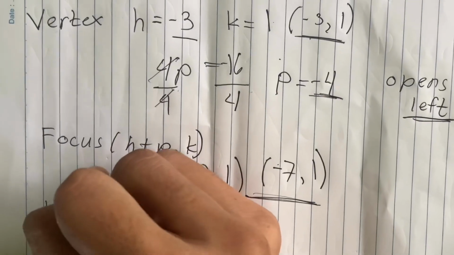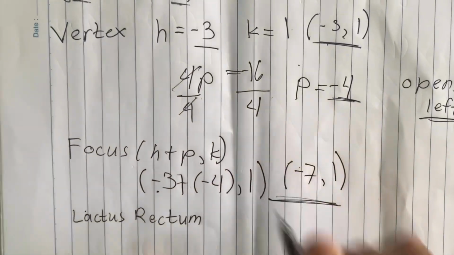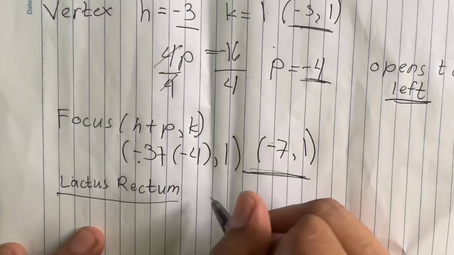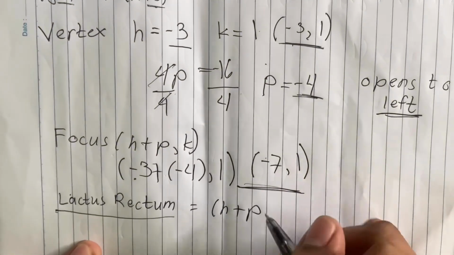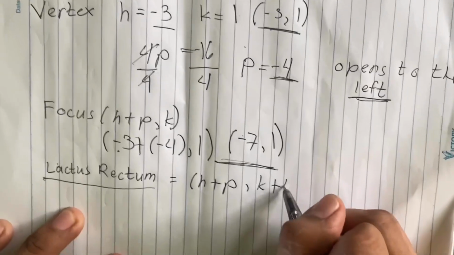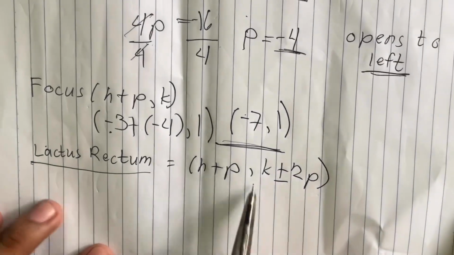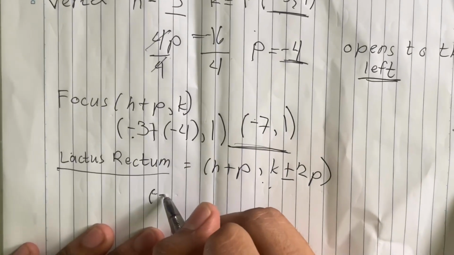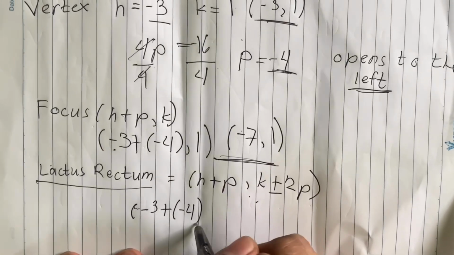Now we're going to find the latus rectum. We're going to use the formula h plus p, comma k plus or minus 2p. And now we're going to substitute the values into our formula.